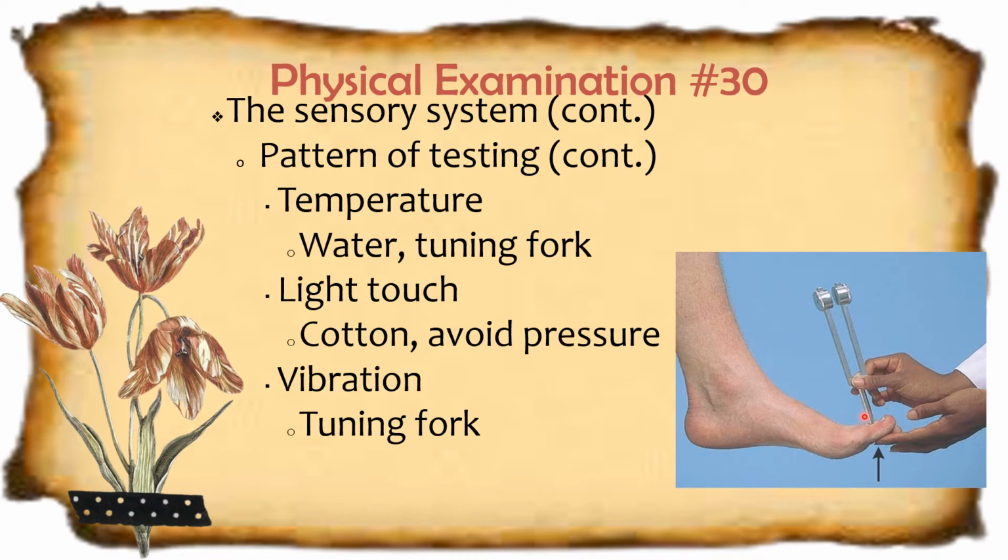Ask what the patient feels. If you are uncertain whether it is pressure or vibration, ask the patient to tell you when the vibration stops and then touch the fork to stop it.